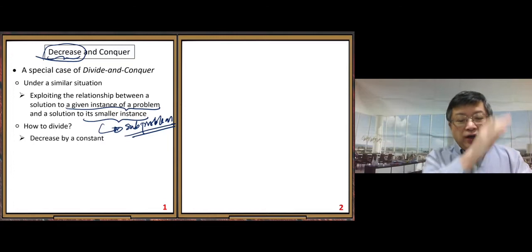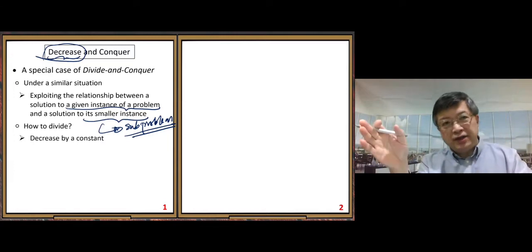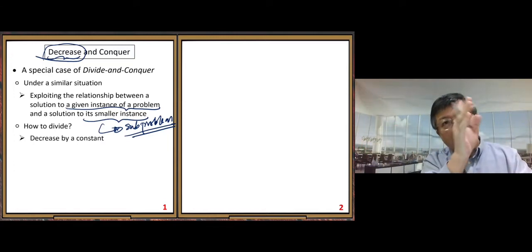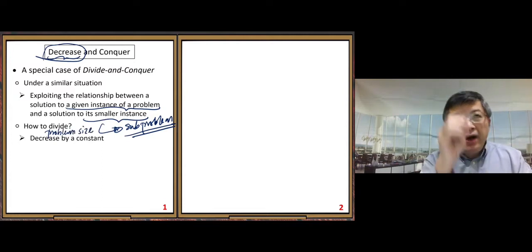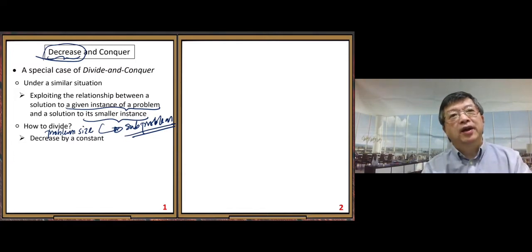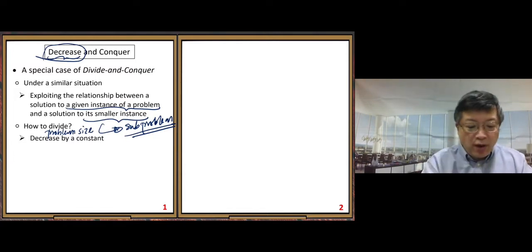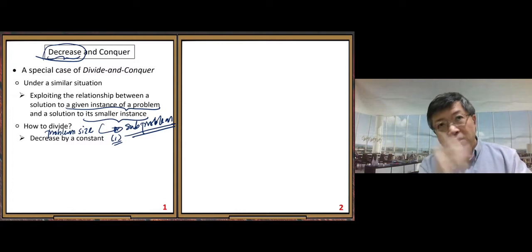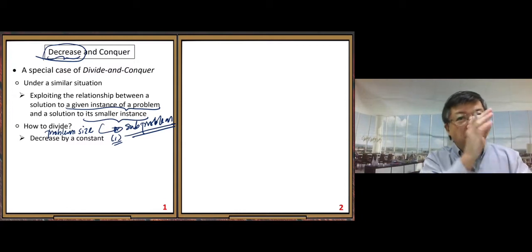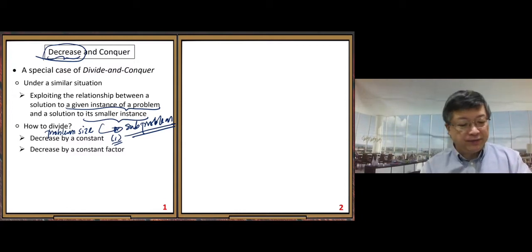First, it's called decrease by constant. Decrease what? Decrease the problem size by a constant. Most of the time the constant is 1, but not necessarily. Sometimes it could be more than one.